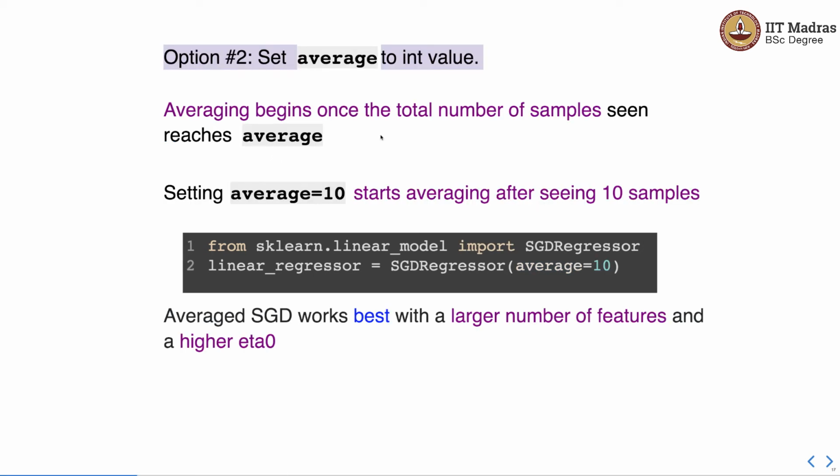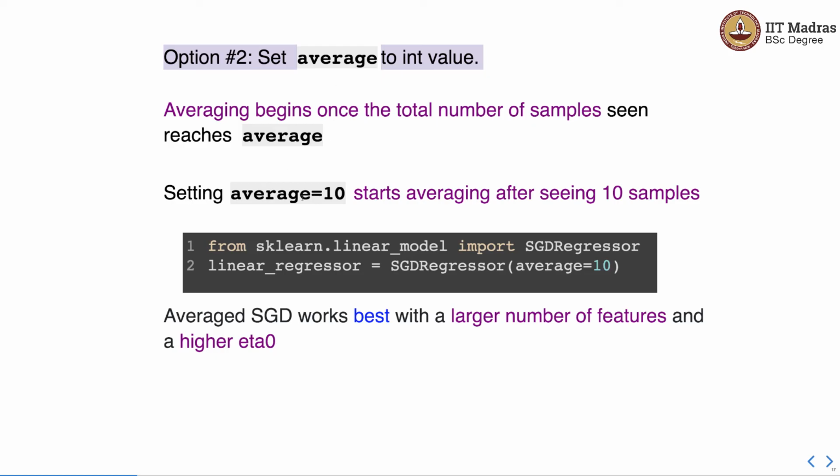In the second option, we set average to some integer value. When we set average to an integer value, averaging begins once the total number of samples seen reaches that value. So we ignore the first few samples and we start averaging only after we exceed the specified number of samples in average.